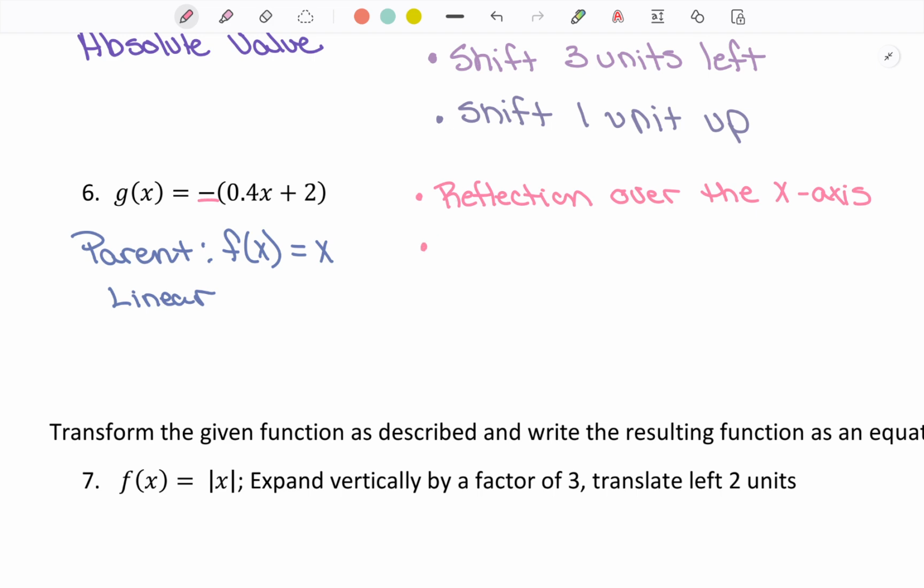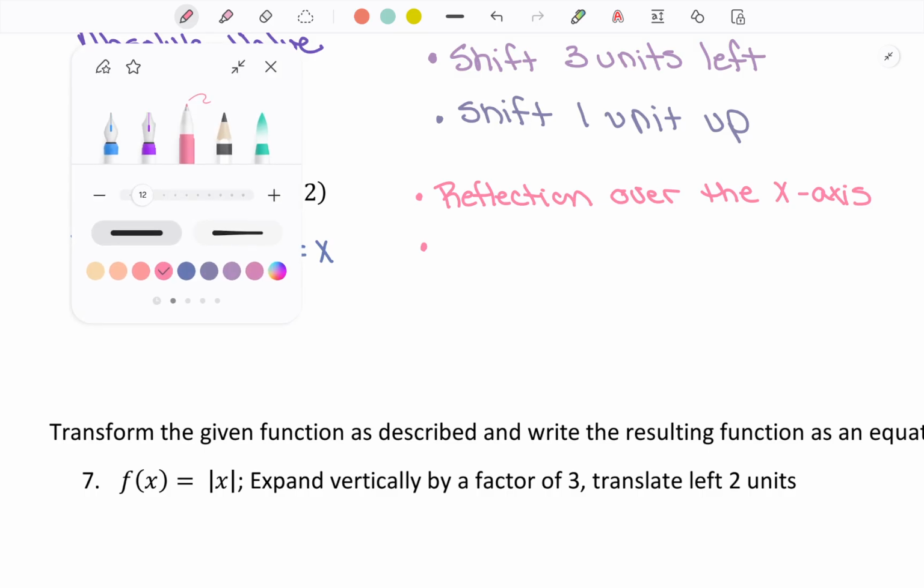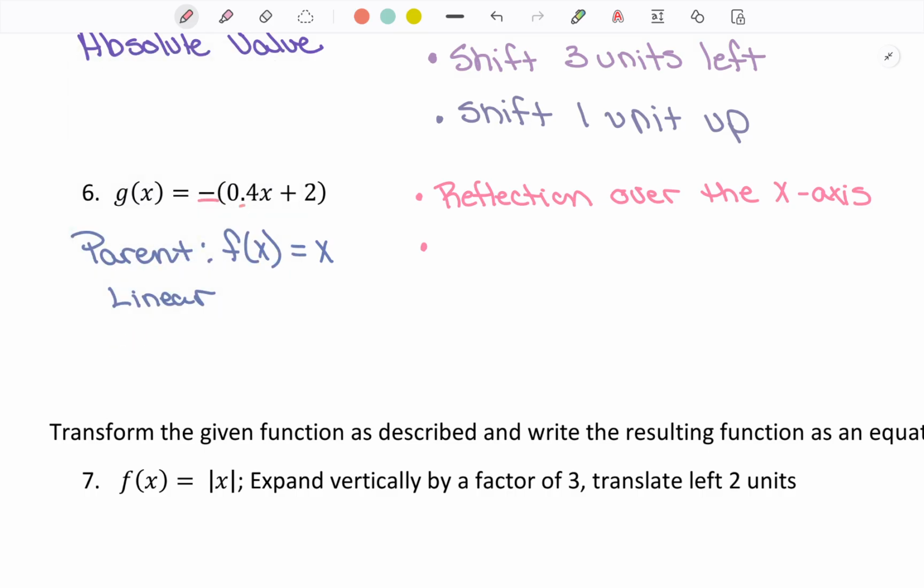And then we are going to have next that 0.4. Since it's inside the grouping symbol, it is going to be a horizontal stretch, since it is between 0 and 1, by a factor. And then we are going to have to use that reciprocal.